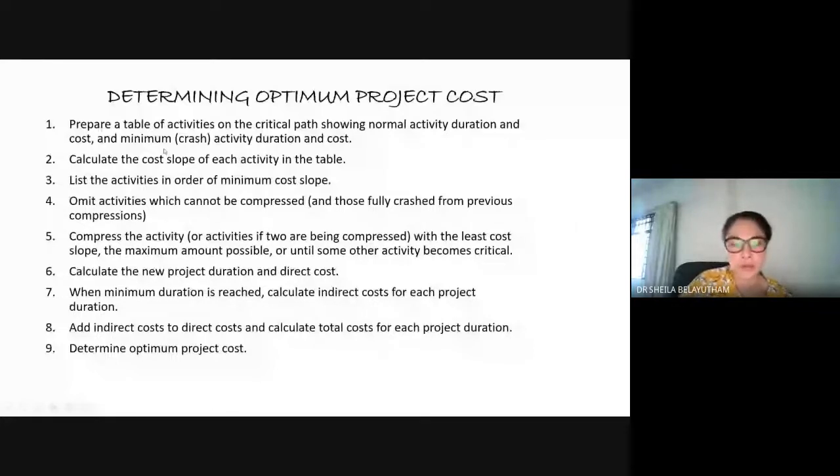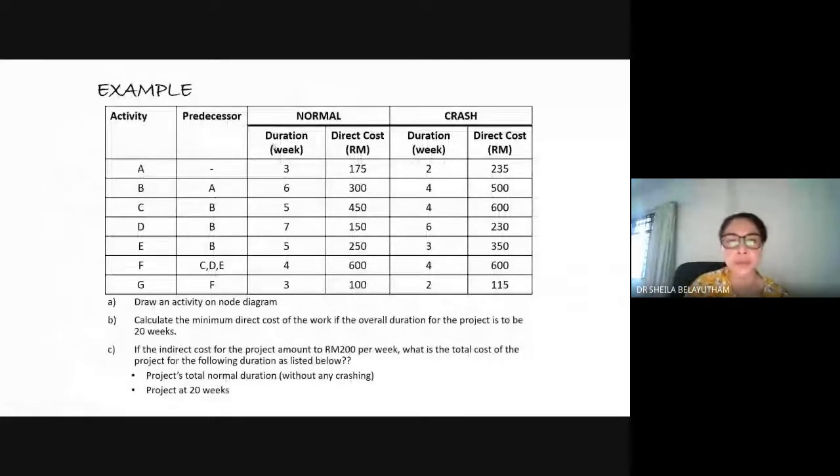Okay, so before we can actually start coming up with the optimum or whatsoever, of course, you need to have this as the basis. Okay, so if you can still recall the activity, predecessor, duration from the previous example.